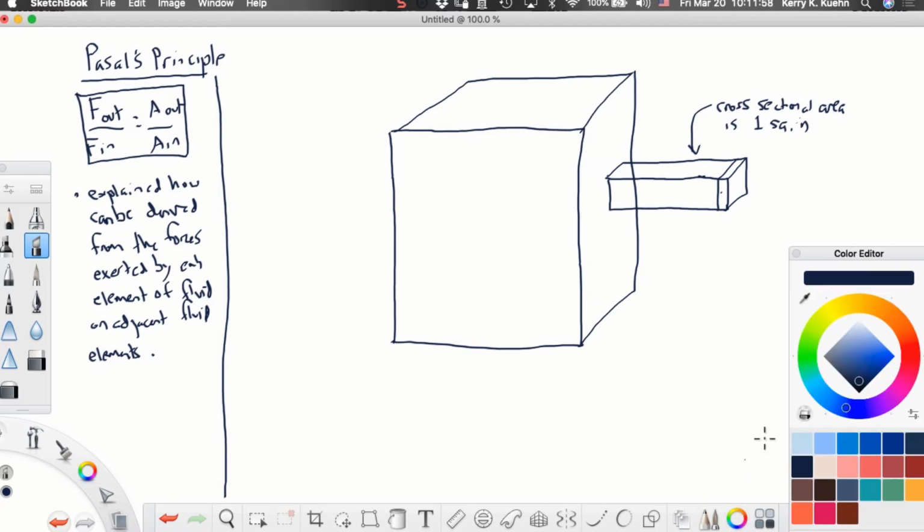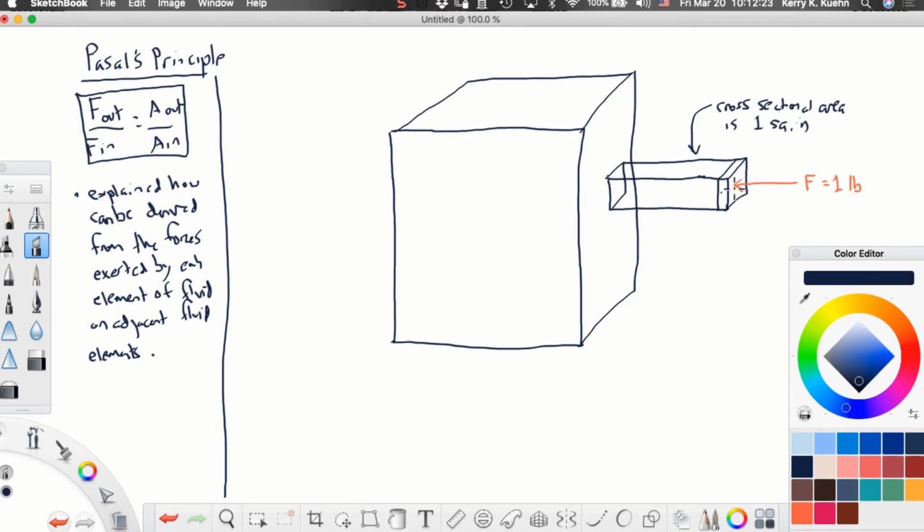And let me get this back. Let me draw forces in orange. So let's suppose we apply a force equal to 1 pound. So we apply 1 pound of force to this piston. Let me draw a line right here. Okay.